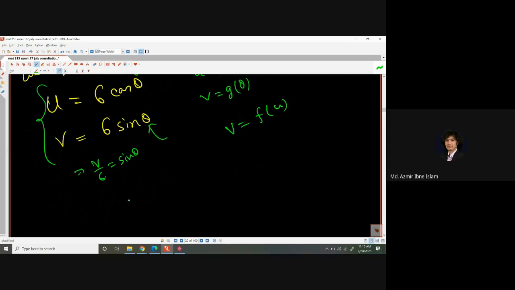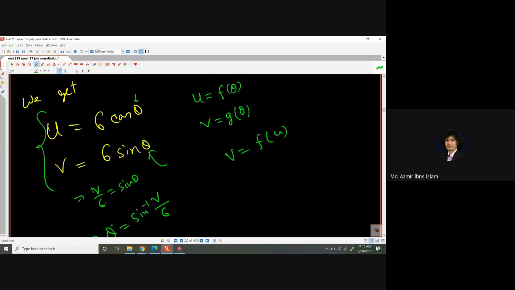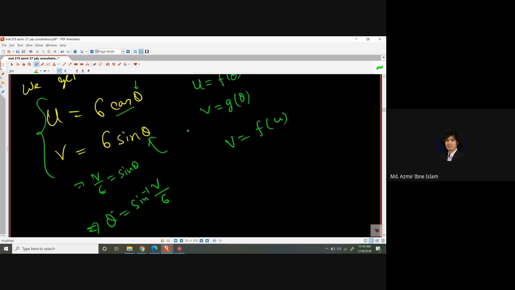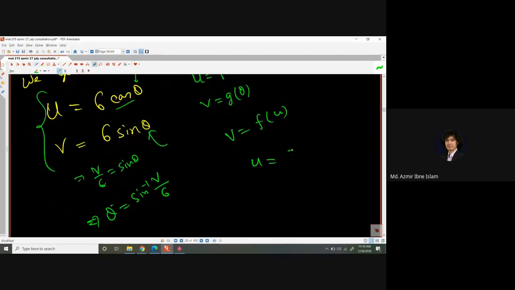That means theta equals sine inverse v by 6. Now input theta here, and you will get u equal to 6 cosine theta, that is 6 cosine sine inverse v by 6.